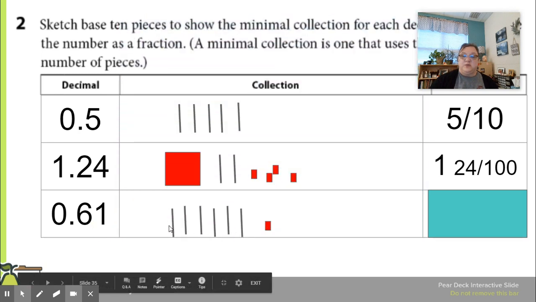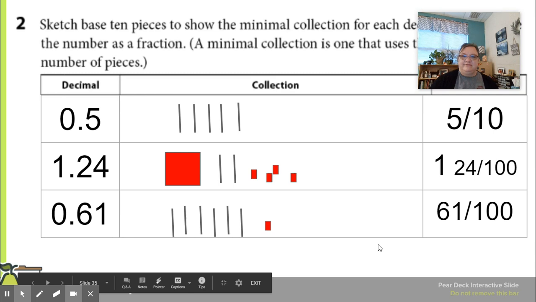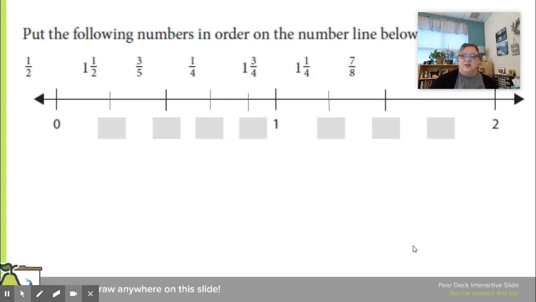Pretty simple on this one. 1, 2, 3, 4, 5, 6 tenths. And 1 hundredth. 61 hundredths. So we want to write that as a fraction. 61 hundredths, 61 over 100. All right, let's go forward. We're almost done.